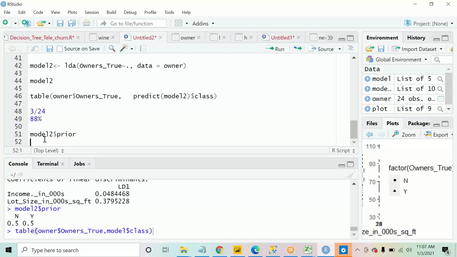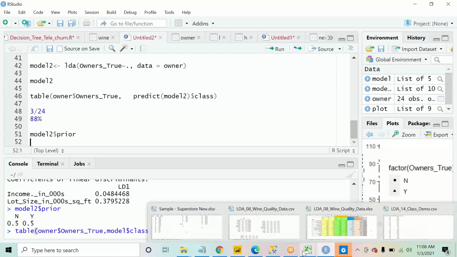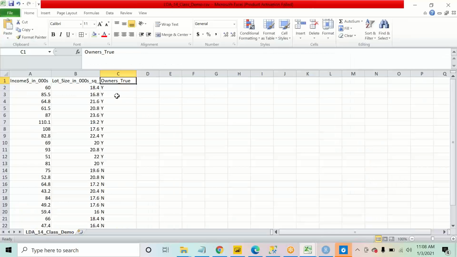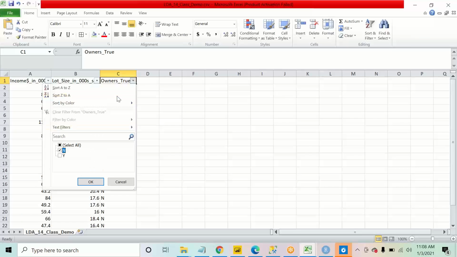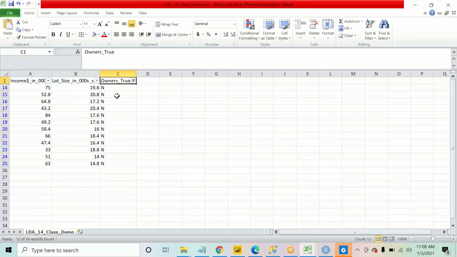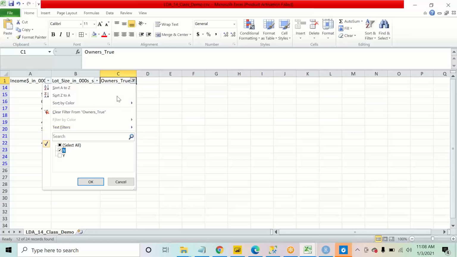When you create an LDA model, what this model does is it calculates the prior probability, right? Before creating the model, what was the probability of no and what was the probability of yes? In the data set that we have used, if I open that up, you will see we have a total of 24 points. And there are 12 no and 12 yes.